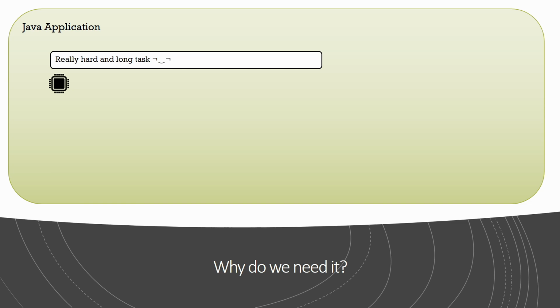And if you combine these long-running tasks with a user interface, which most applications will have in one way or another, this could impact the performance, but especially the responsiveness of your application, right? So if I have a really long, hard task and my user clicks, I don't want my user to wait 2, 3 seconds, maybe even minutes before my application responds.